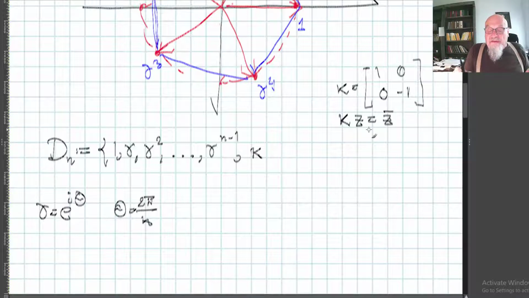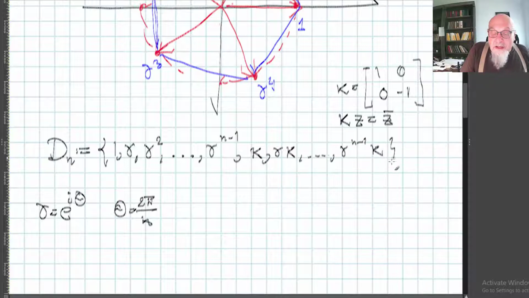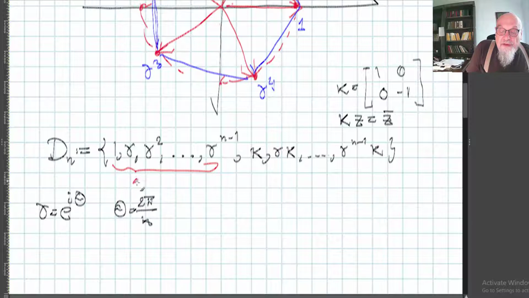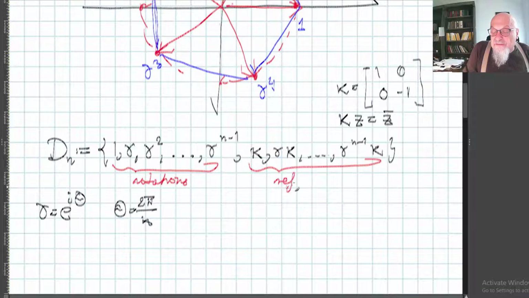So that, of course, easily relates to the notation that we are using for the complex numbers. So here we have gamma kappa, and then dot dot dot, gamma^{n-1} kappa, and of course those are our rotations, and those are our reflections.